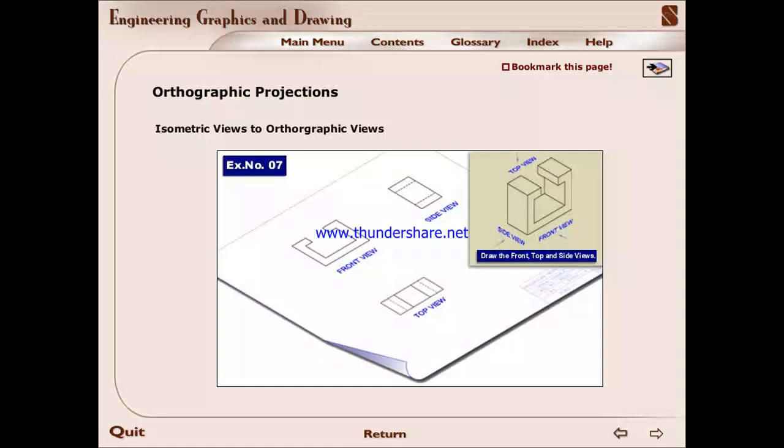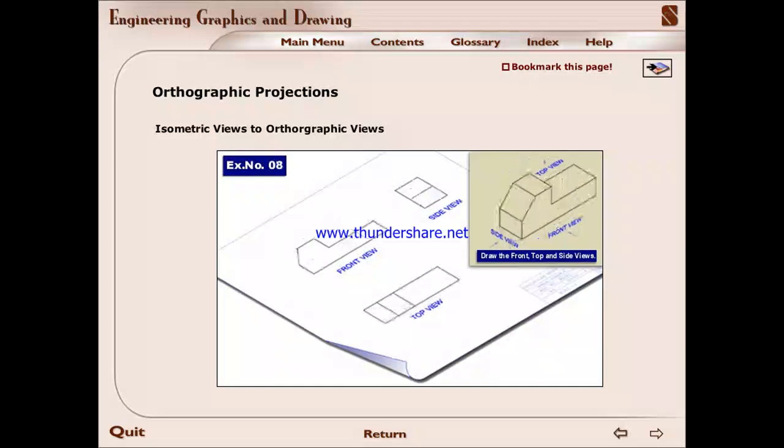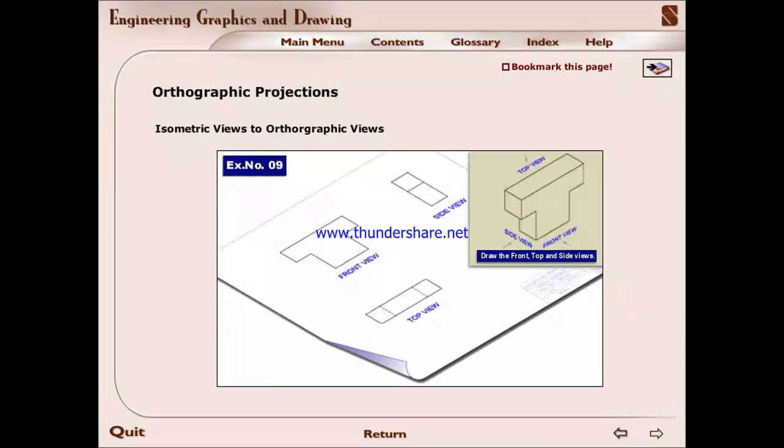For this given figure, front view, side view, top. For given figure, front view, side view, top view. For given figure, front view, side view, top view.